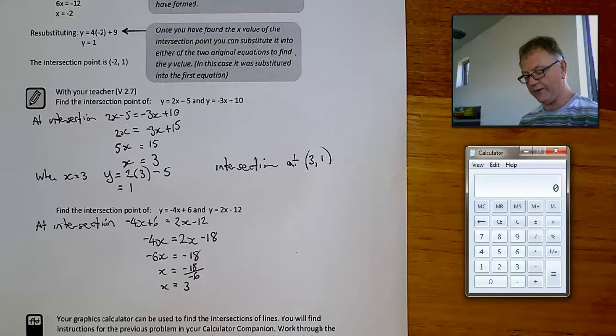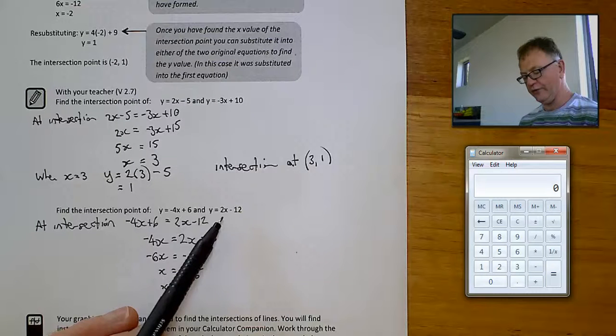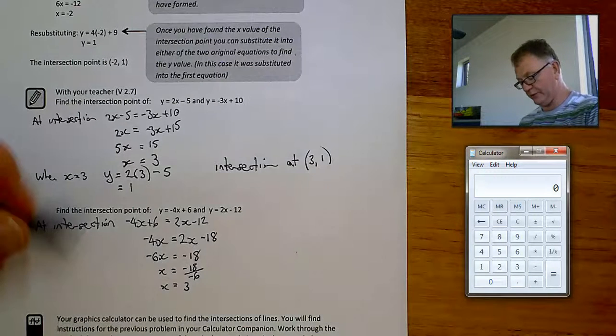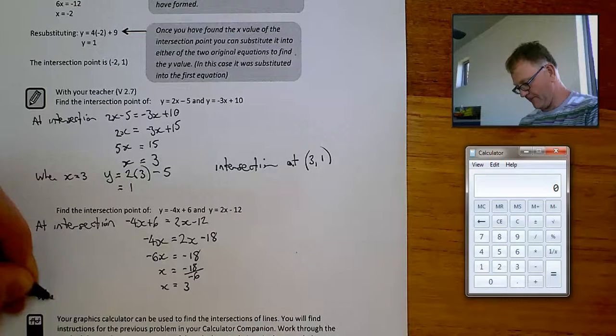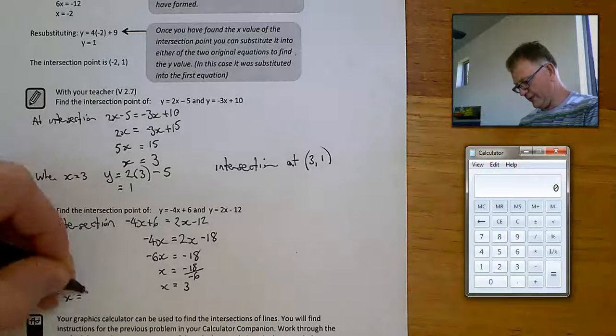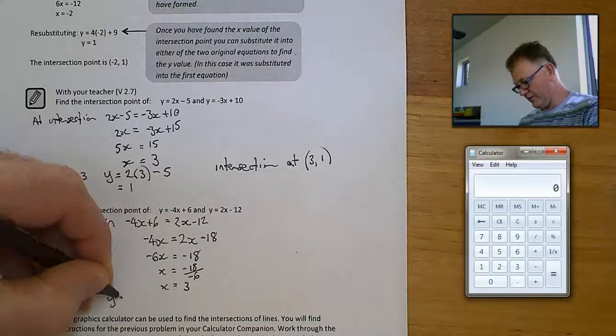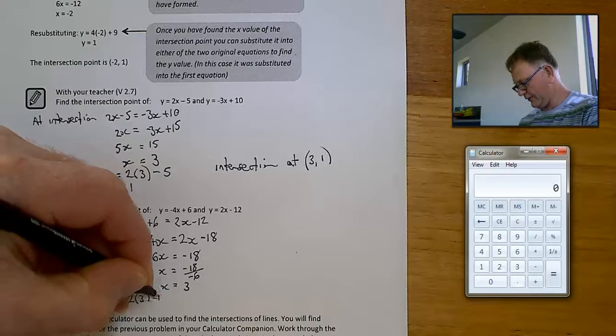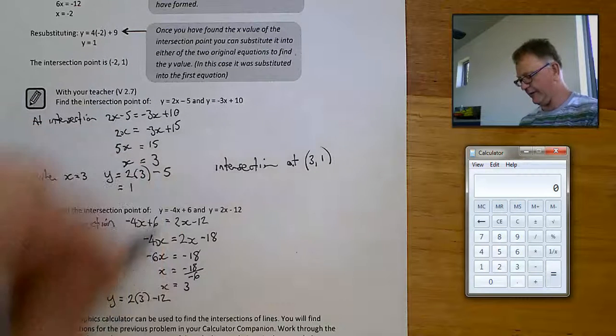To find the y coordinate of the intersection point, all I have to do is get this x value and put it back up in here or in here instead of x, and I'll work out what y is. Doesn't matter which one you put it into. When x equals 3, y equals 2 times 3 minus 12. I'm putting it into the second equation.